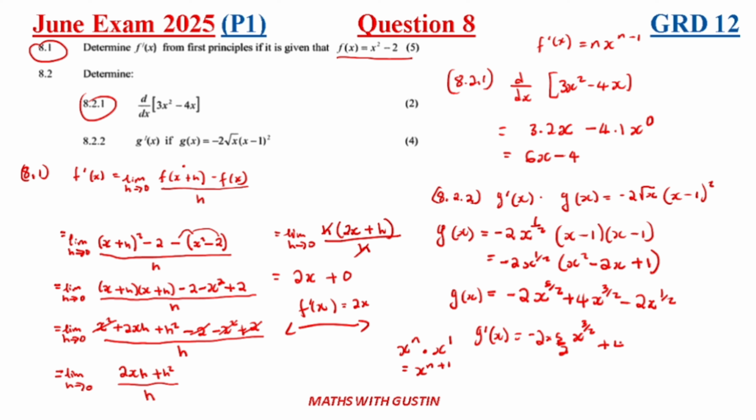Therefore plus 4, drop the exponent, then x, and when you minus 1 from 3 over 2 it gives us half.